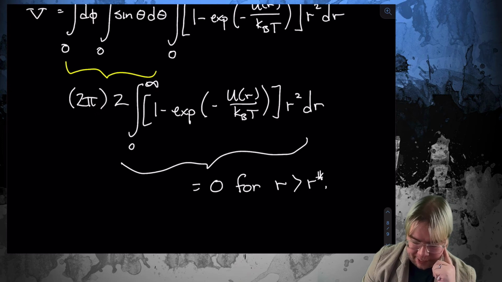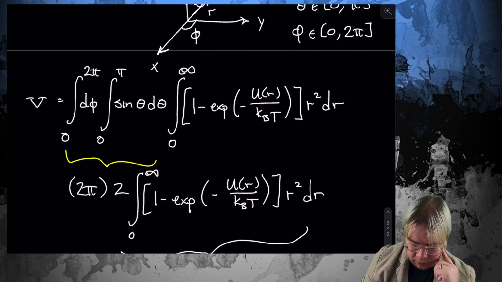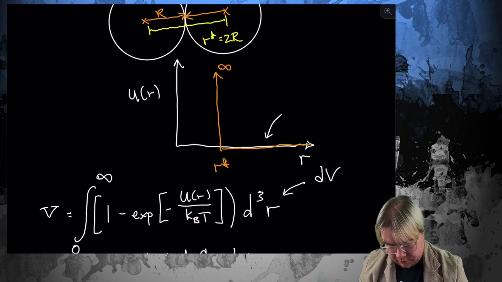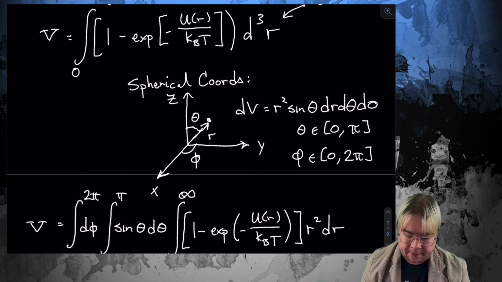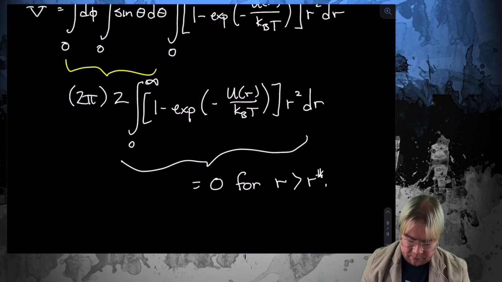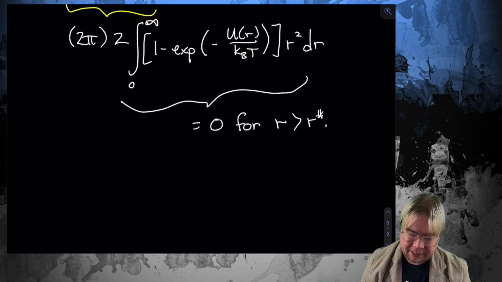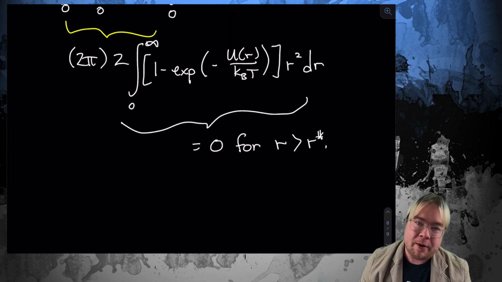Now, if r is less than r star, what do we get? Well, the potential is infinite then. So this function is 1 minus e to the minus infinity. E to the minus infinity is 0. So 1 minus 0 is 1.